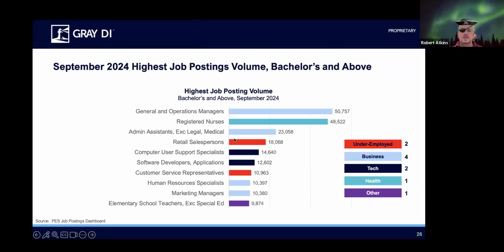So in this case, you can see 2 of the careers here that we're showing that bachelor's degree graduates get are retail sales and customer service. I would say that's not a successful outcome for a college graduate. So when we report our data, we report not just a total number of jobs, we also report the percentage of those jobs that we classify as underemployment.